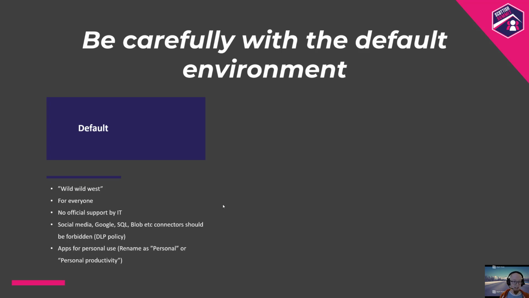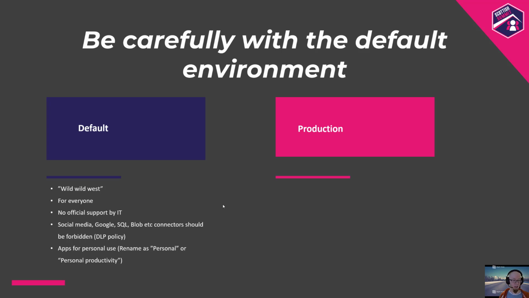And besides that default environment, you should have at least one production environment. This is kind of the simplest setup of environments. Many customers and organizations have several production environments, they have test and dev environments and so on, but this is the simplest one.